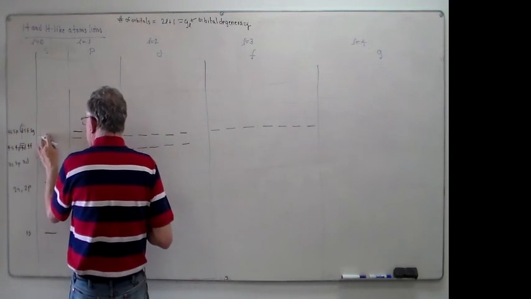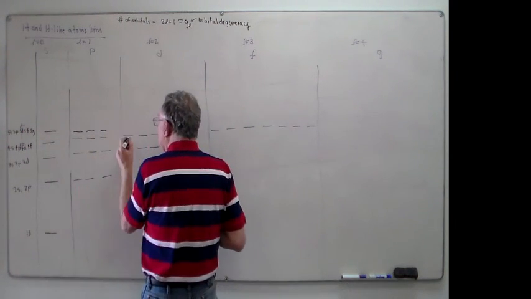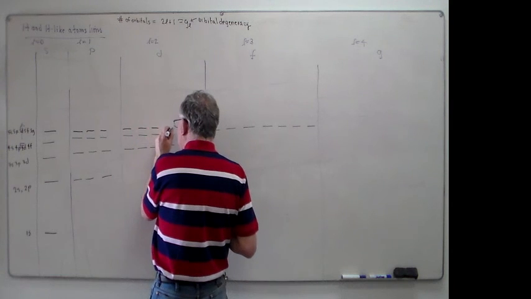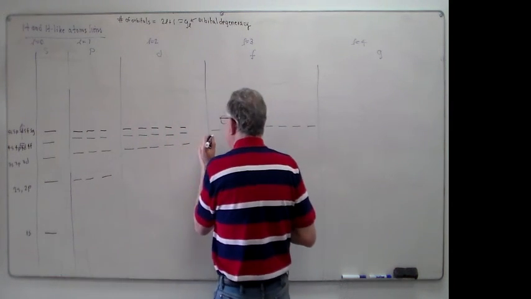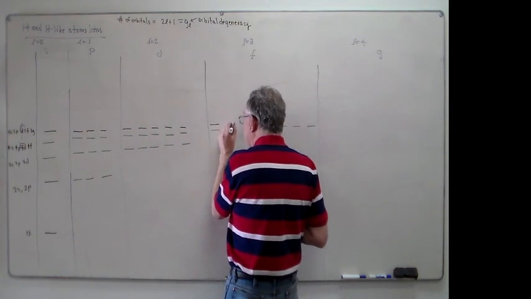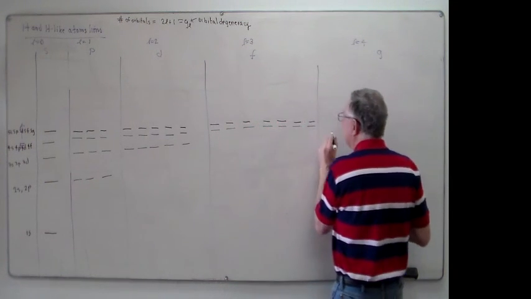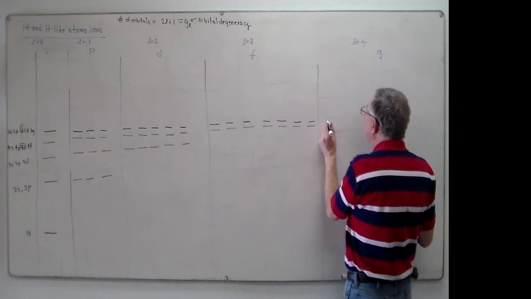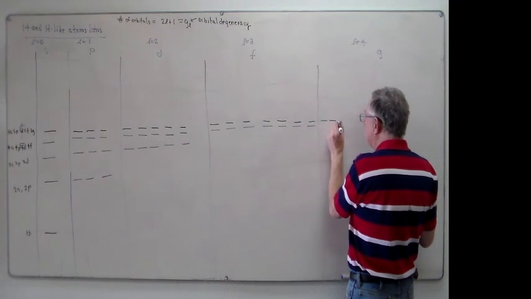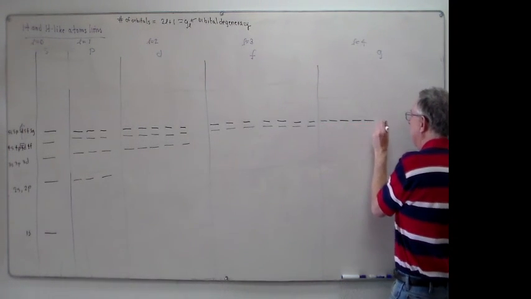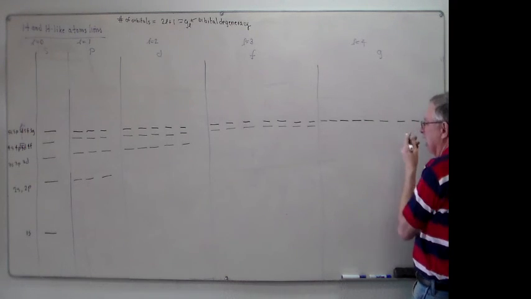So that these are all at the same energy. S, P, D, F, G. And how many do I write here? 1, 2, 3, 4, 5, 6, 7, 8, 9.